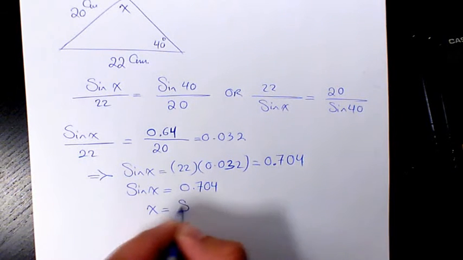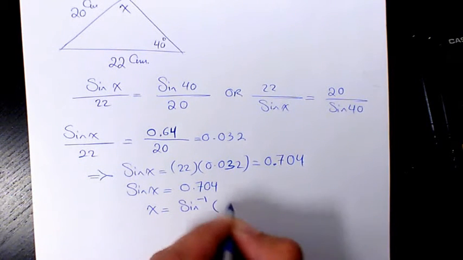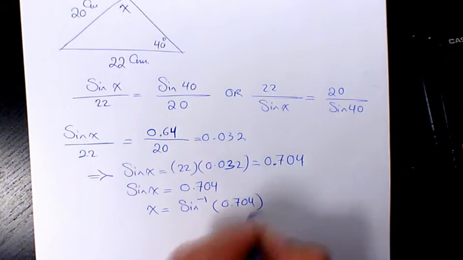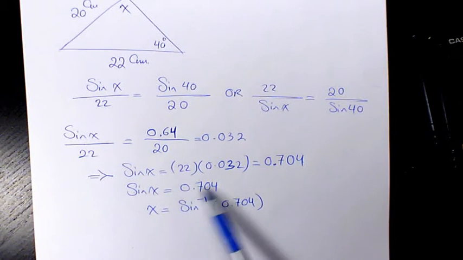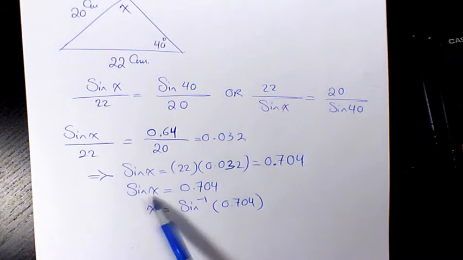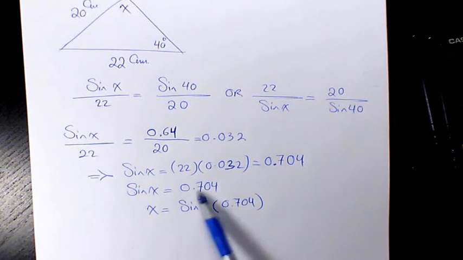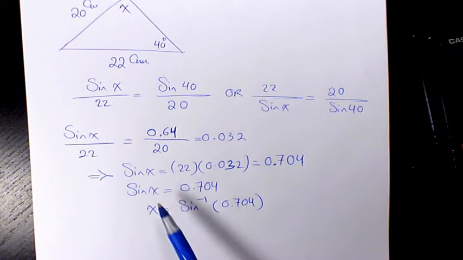So what is going to be X? X is going to be sine inverse of 0.704, because here we know the value of the output, the value of sine X, and we want to find the angle. Whenever we have this kind of situation, we need to use sine inverse, because we are interested in finding the angle.